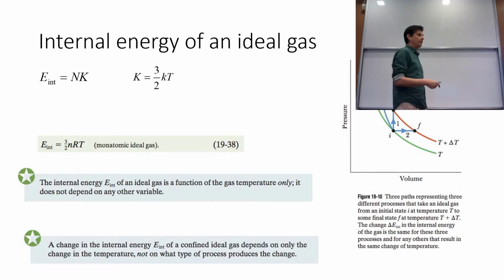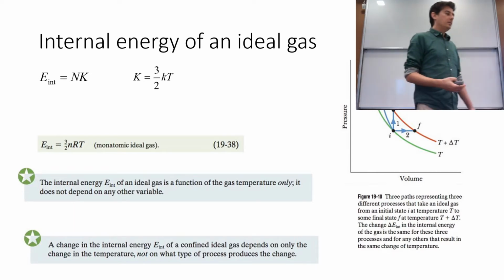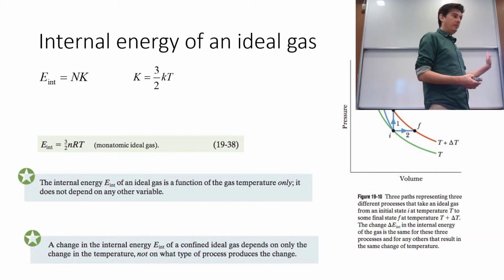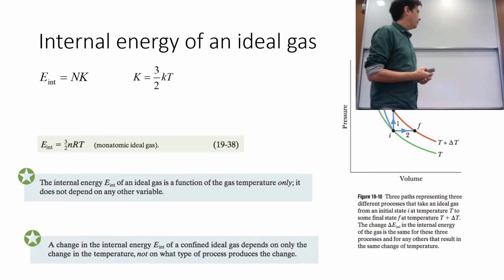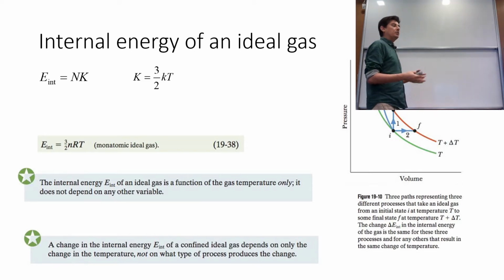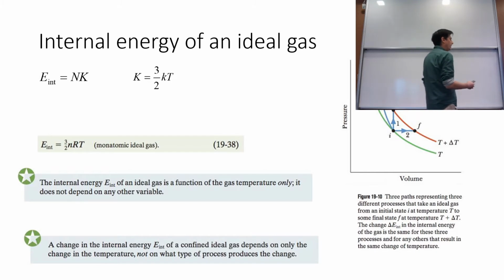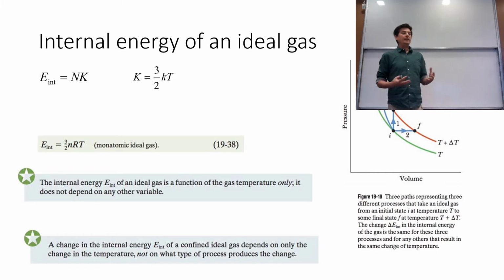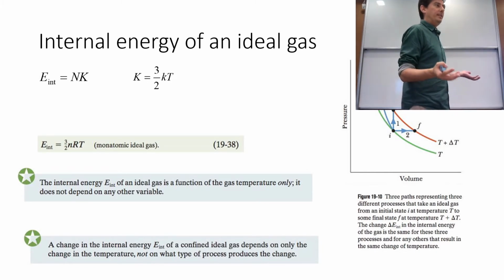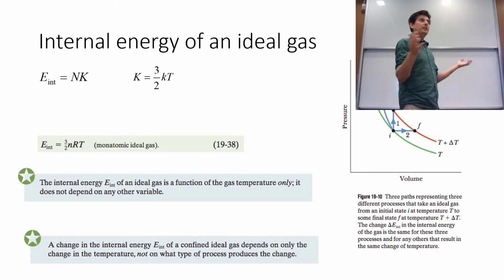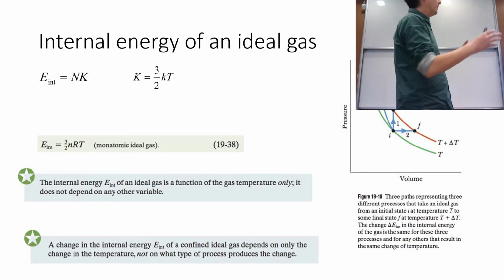And this is something new because previously we had the thermodynamic first law, delta E, the change in the internal energy, is equal to Q minus W, heat minus the work. But we never really had a formula for internal energy. We just said, here's this quantity that seems to be invariant of the path of the process that you take when you do something to a gas.